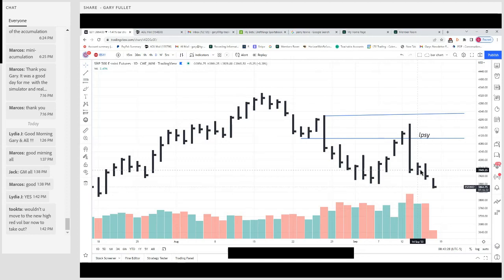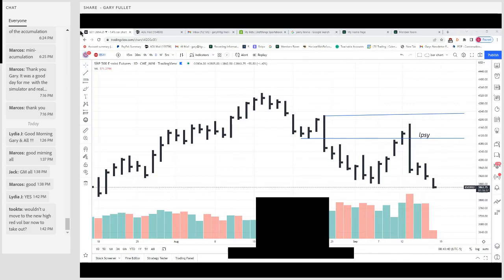But make a long story short with the stuff, in a sense of after selling here, there's no buying, there's no reason why the market should be bought here, right? Because the market here would have support down here, right? That's the low.